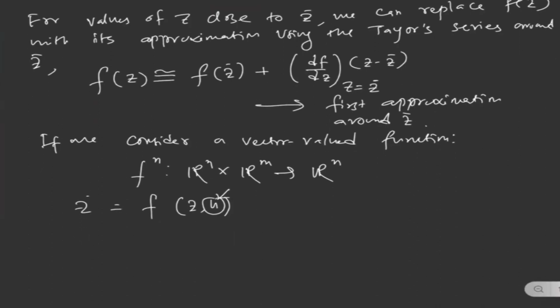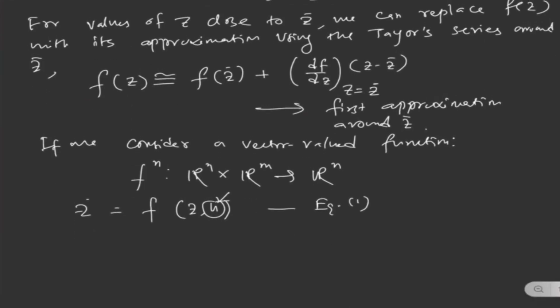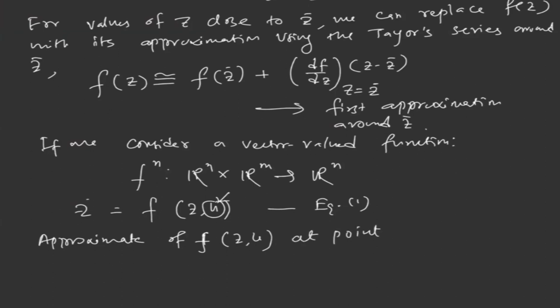So now in that case, let me write this as equation number 1. We can approximate equation number 1, the function f(z, u), at the point z bar and u bar.